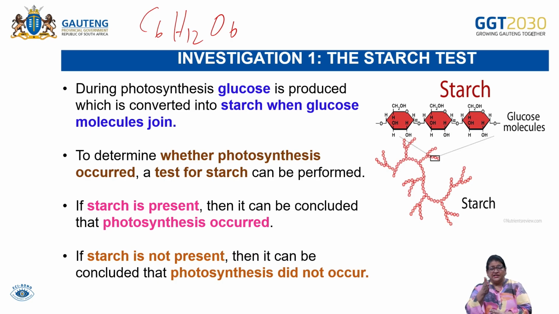The little units are called monomers, and the full composite unit, or polymer, is your starch. So here is how starch is formed. To determine whether photosynthesis occurred, how are we going to know? Because it's abstract. You don't know if photosynthesis is occurring. You're saying, I'm giving my plant light.